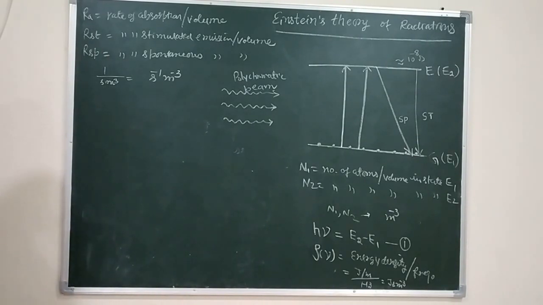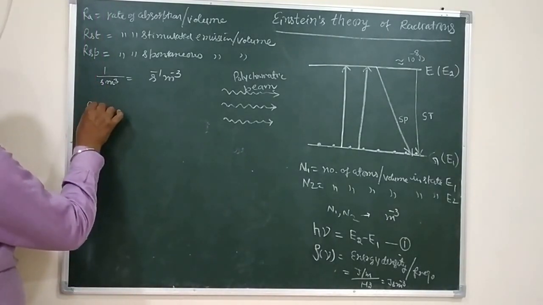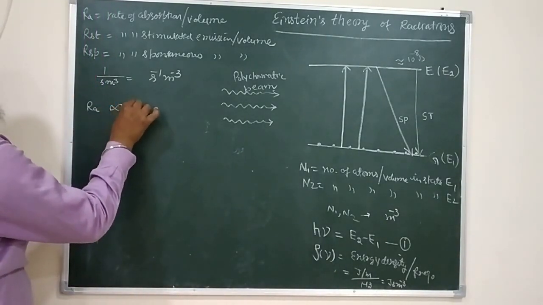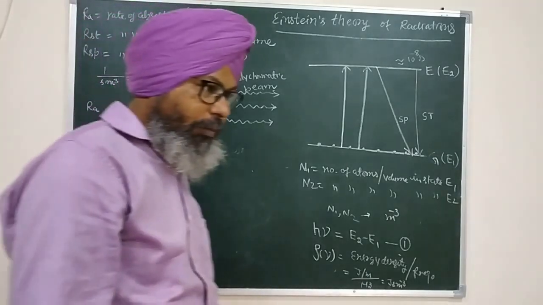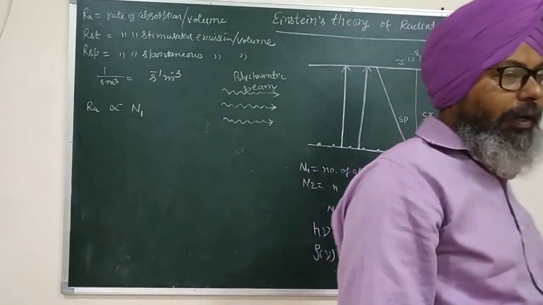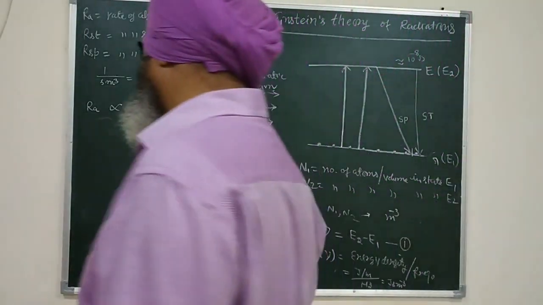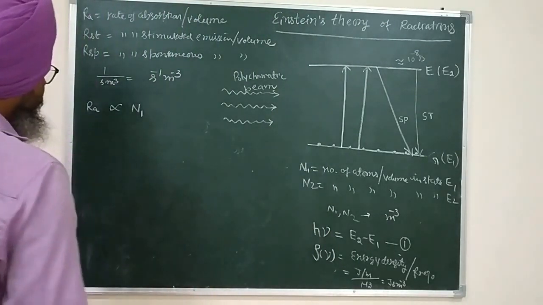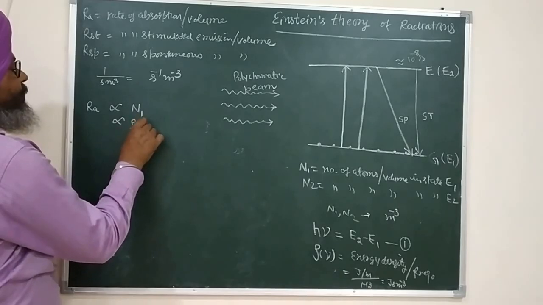Now, according to Einstein, the rate of absorption Ra is directly proportional to N1. It means if there are more atoms in the ground level, there will be more absorption. It is also directly proportional to rho nu.